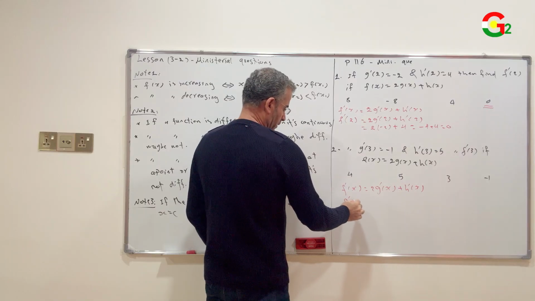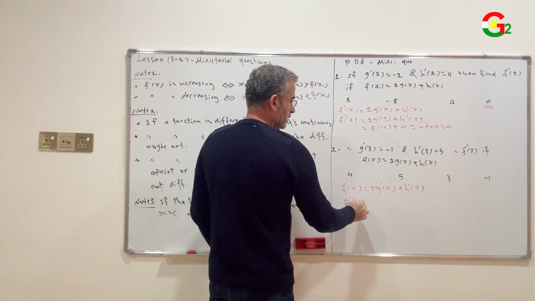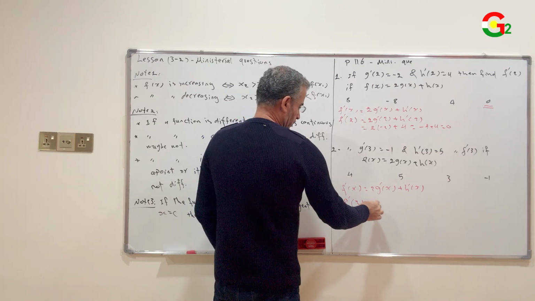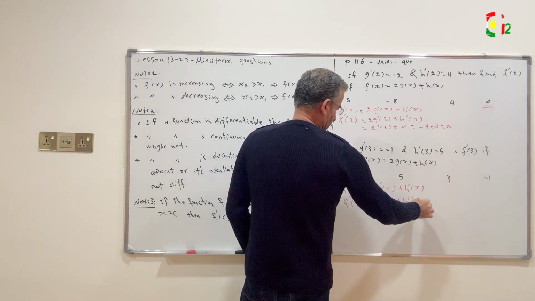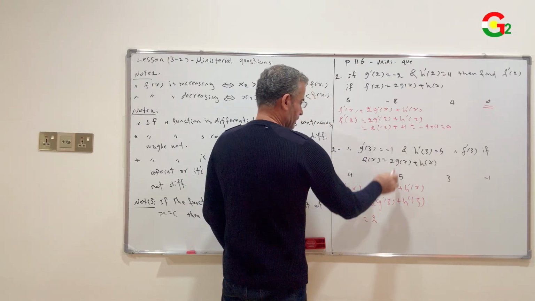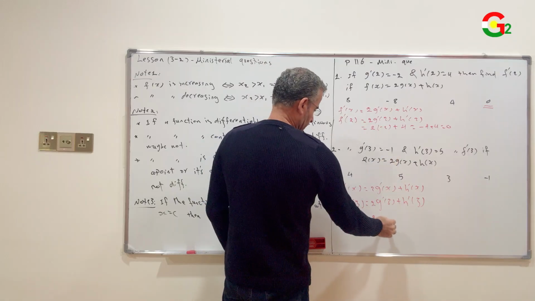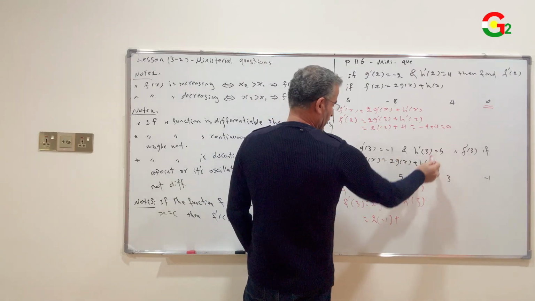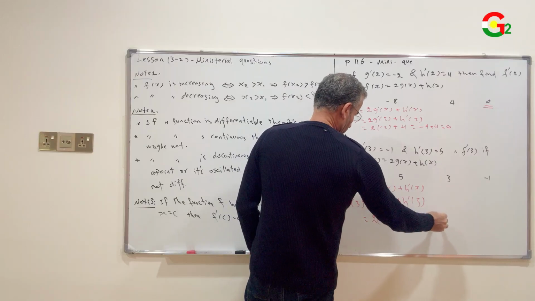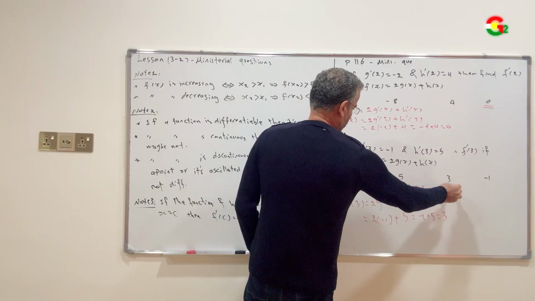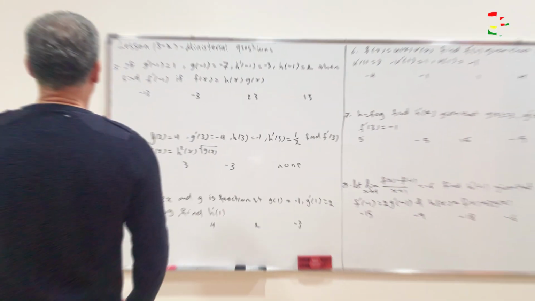Now, f prime of 3 equals 2 times negative 1 plus 5, equals negative 2 plus 5 equals 3. Choice C.